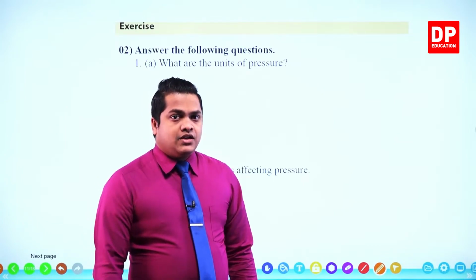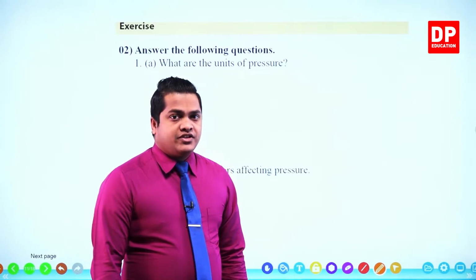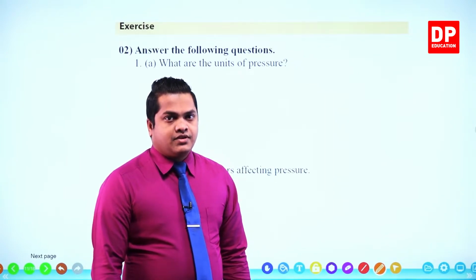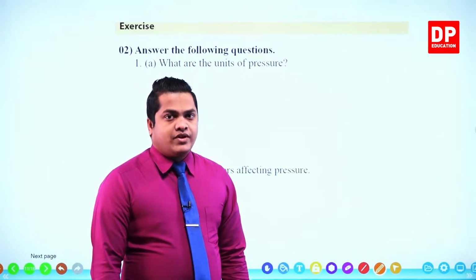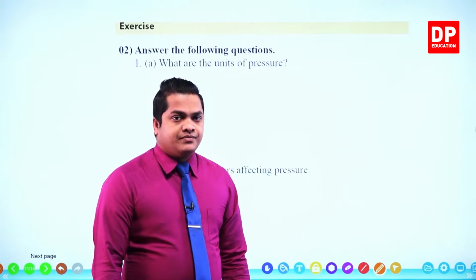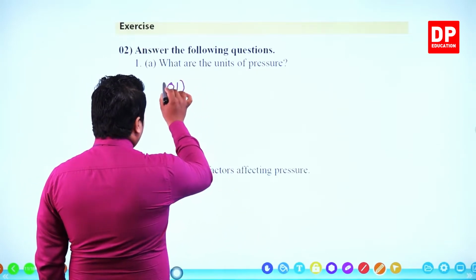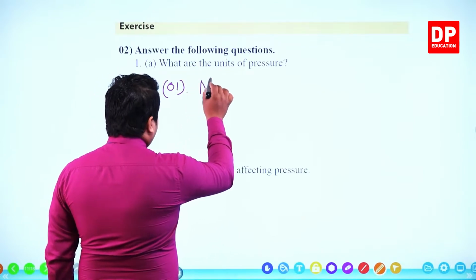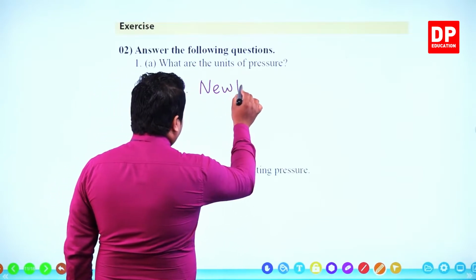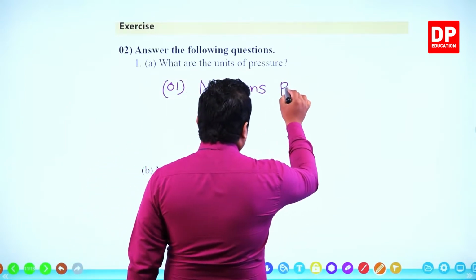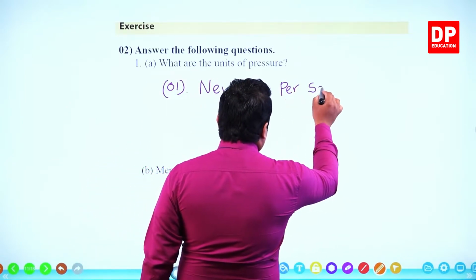So by using fundamental units, we measure pressure by using newtons per square meter, right? Newtons per square meter. We measure it by using newtons per square meter. So number one, newtons per square meter.